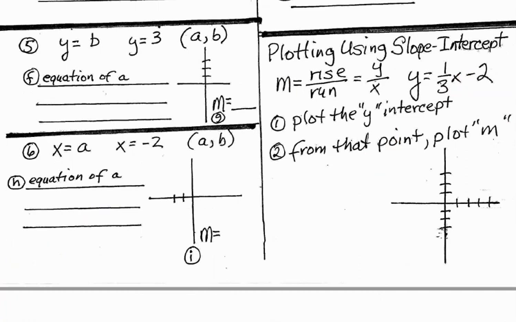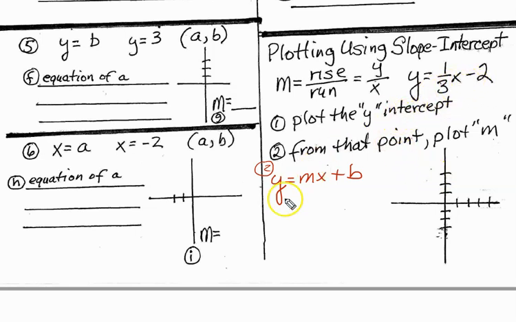Now, for our last hint, and again, we'll be reviewing this as we go through the chapter, plotting using the slope-intercept form. Now, you may recall the slope-intercept form was y equals mx plus b. This was equation 2 on the other side. Well, if the equation is in this form, this gives us an easy way to graph.